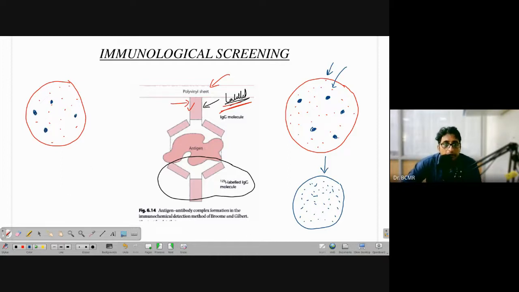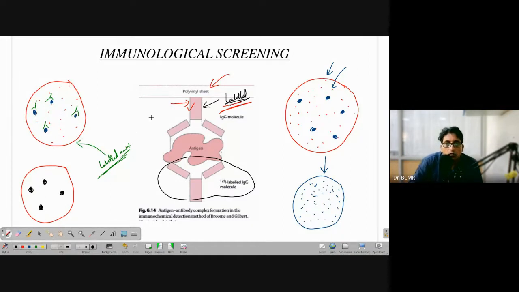And then we added a second antibody, and that second antibody is labeled. Where would the second antibody bind? It will bind only to the places where the protein is present. And if we develop this, we will see the signal only at the points where the protein is present.